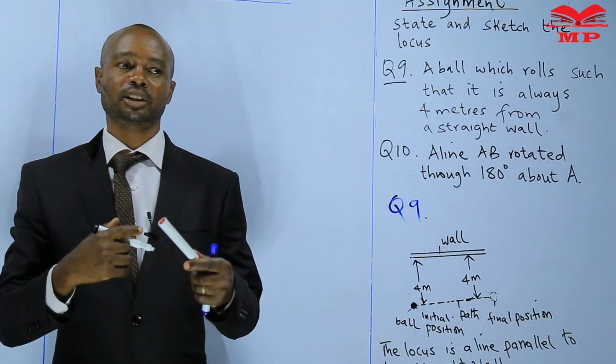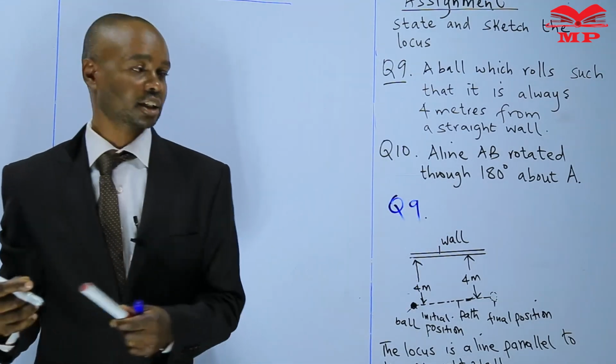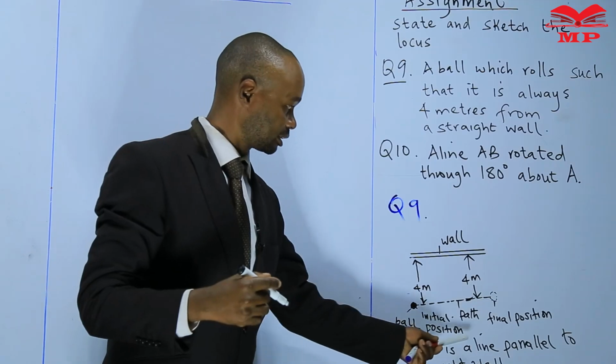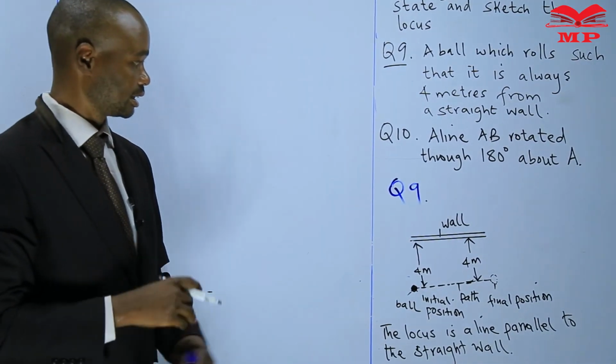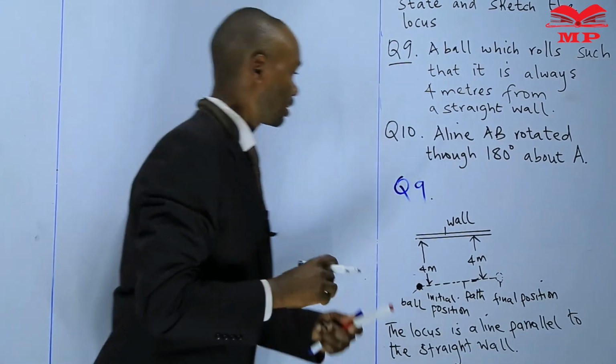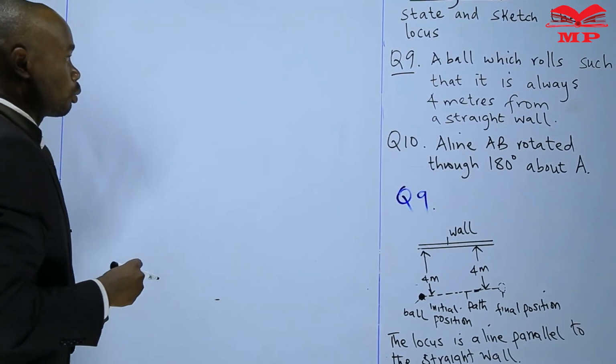So the path is equidistant, which is why it is a straight line parallel to that wall.